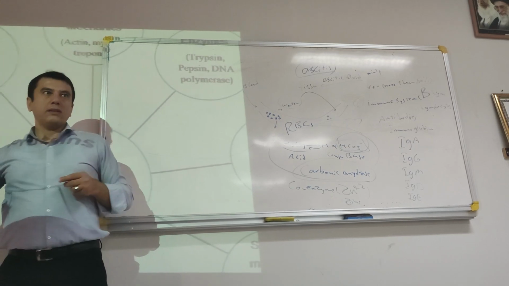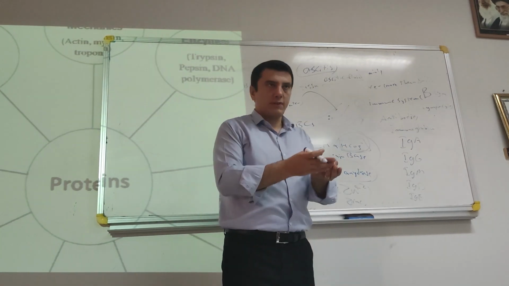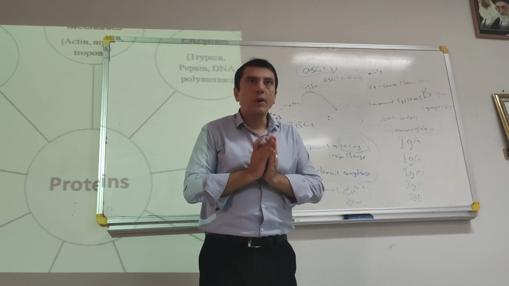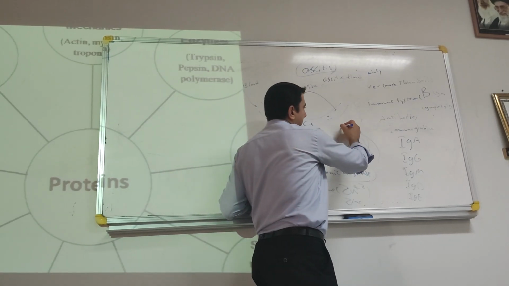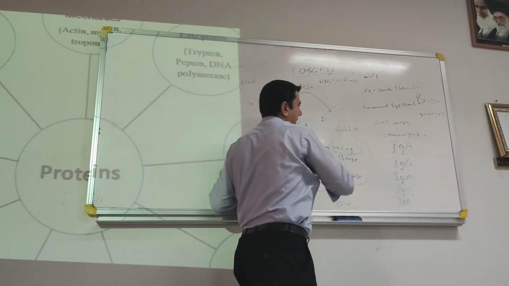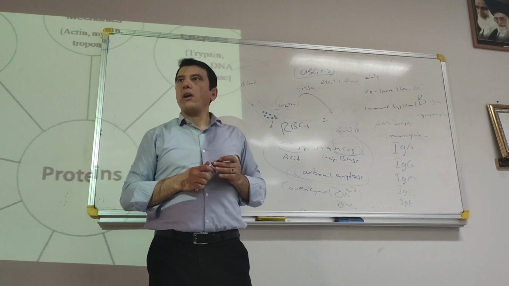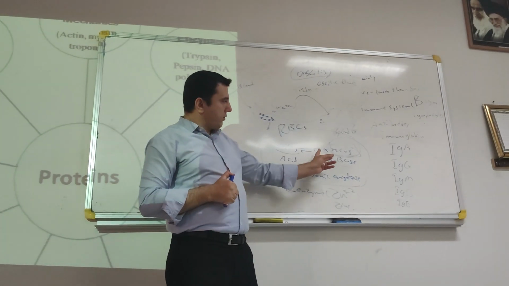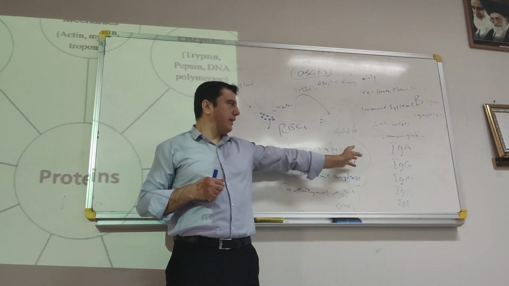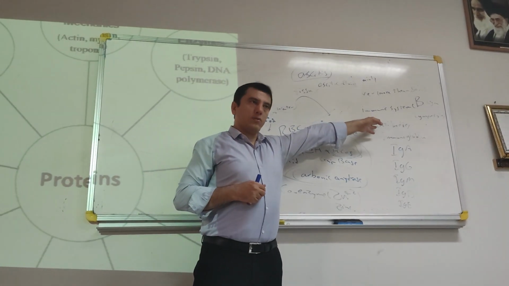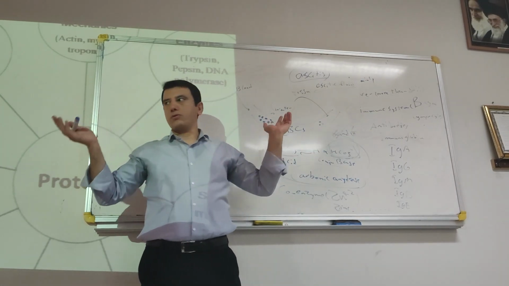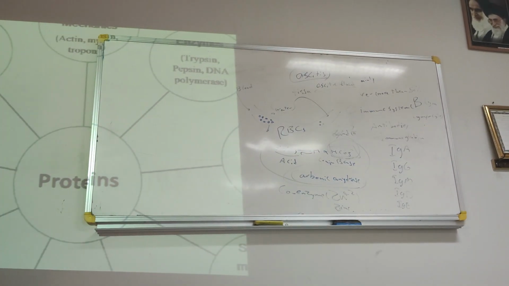So, the moving out function of our RBCs will be done by the band 3 protein in RBCs, which exports HCO3 to our blood to be used as a buffer.